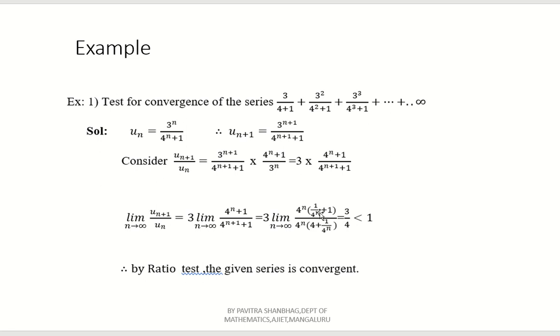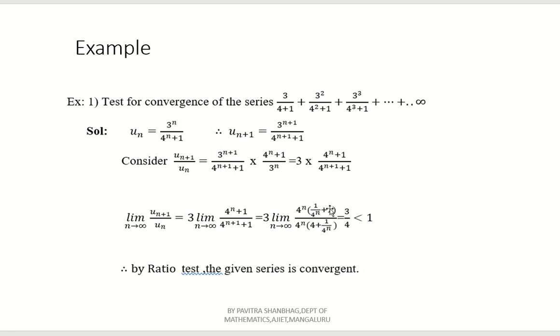What is 4 power infinity? Any value raised to infinity is infinity. So 1 by infinity means 0. 0 plus 1 means 1 remains. Similarly, 4 plus 1 by infinity, because 4 power infinity is again infinity, so 1 by infinity is 0. So 4 plus 0 is 4. Right?